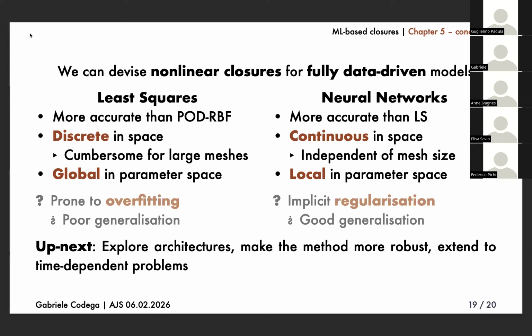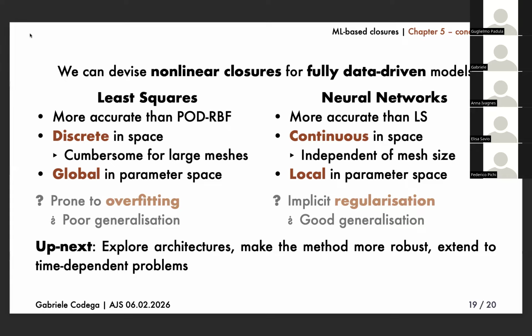And the least squares model is generally global in parameter space. You probably can build a local model in parameter space as well for the least squares, but it's not so trivial, I don't think. Whereas neural networks can be local in parameter space, and we've seen that the accuracy greatly improves.